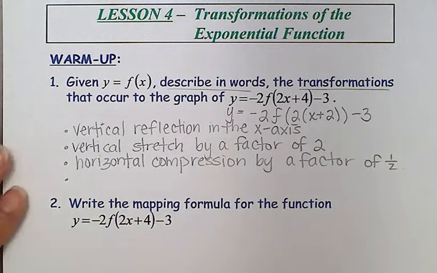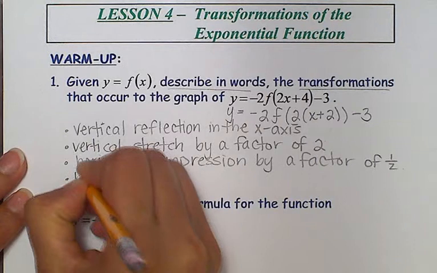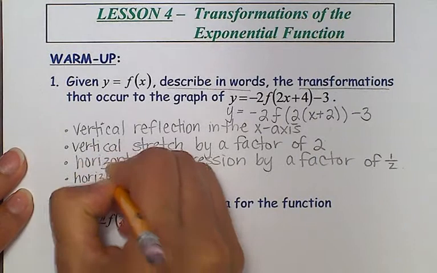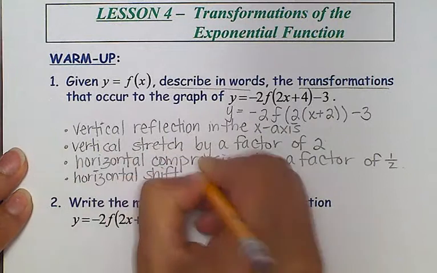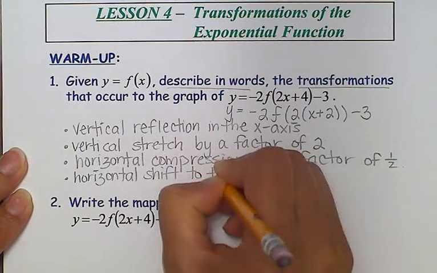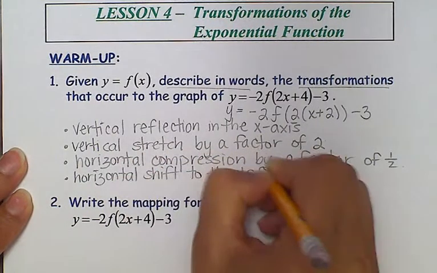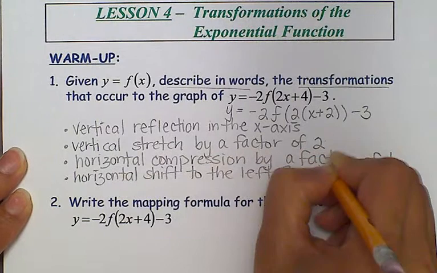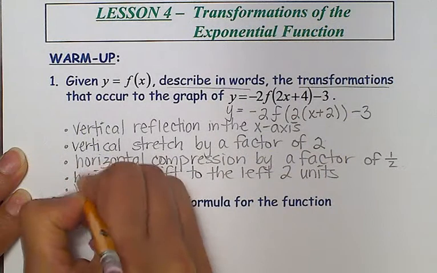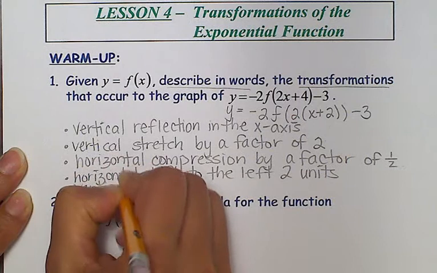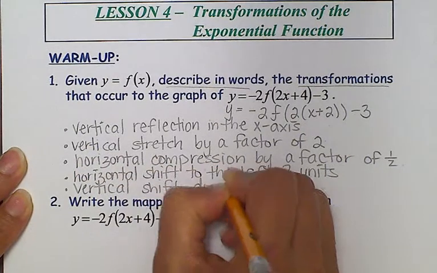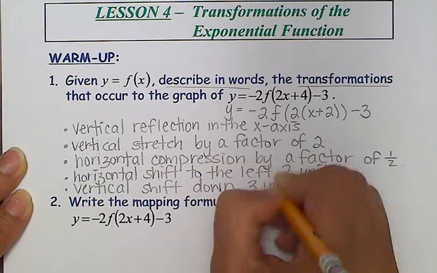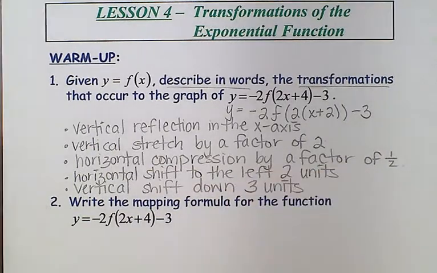So this is a horizontal shift to the left 2 units and a vertical shift down 3 units. Alright, so there's our transformations.